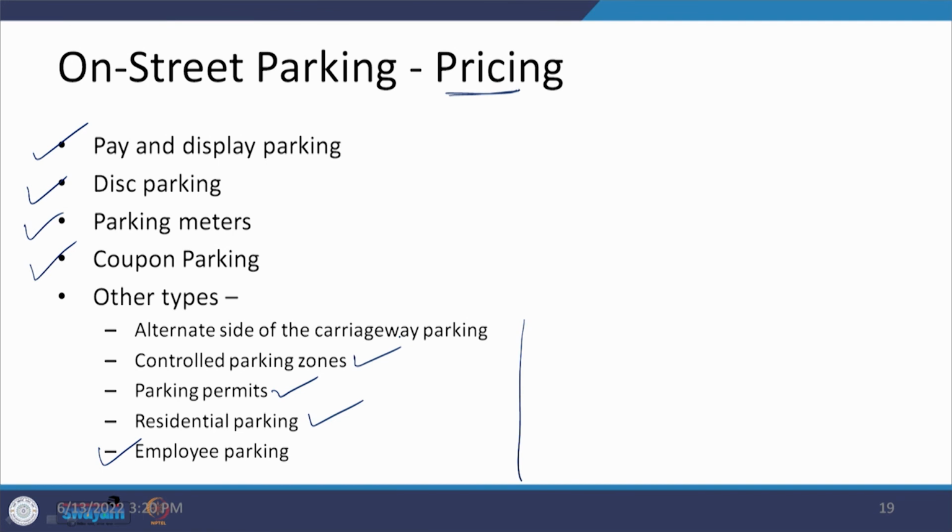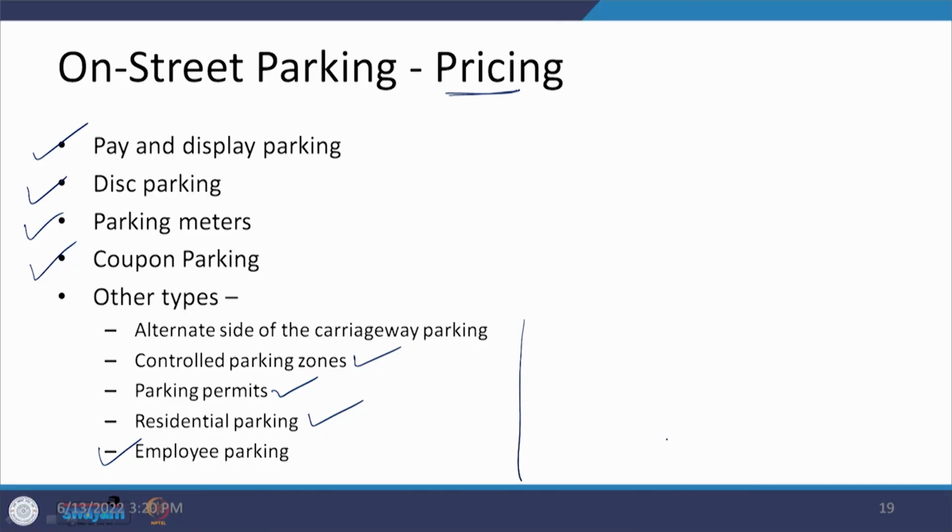That means we have created different zones in different areas. They are based either on the type of vehicle, or on the basis of different other policy interventions which we have discussed previously, and then that is going to define whether the person can come and park in that area or not. So, again a different type of controls can be there.